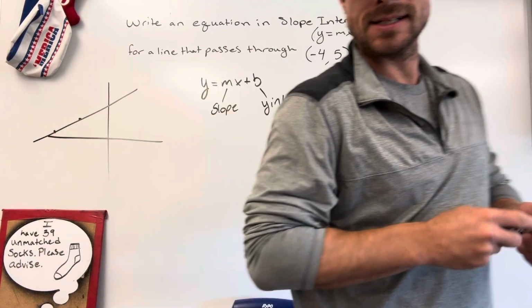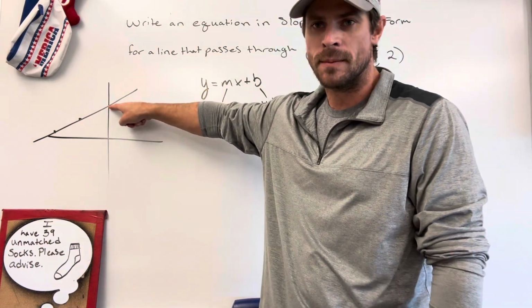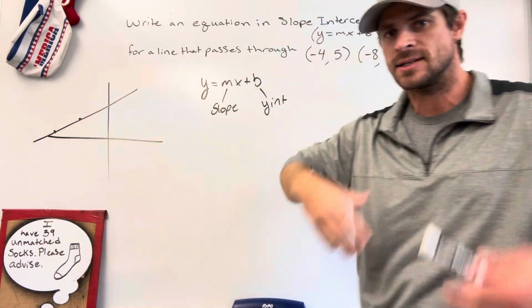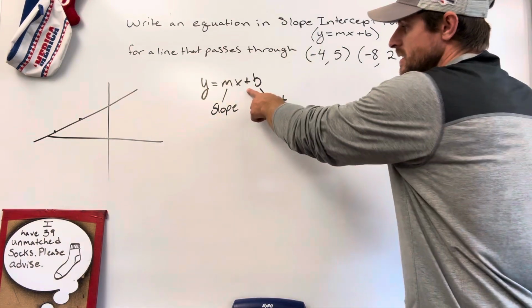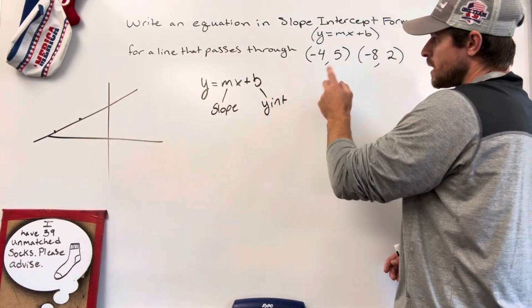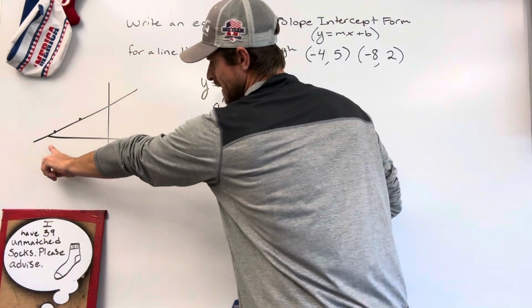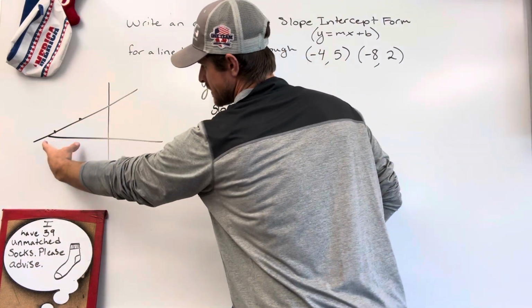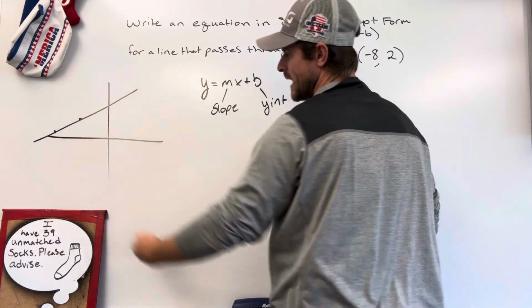Now the problem is if I just sketch a graph, I can't determine what my y-intercept is unless I do some thinking. There's a couple of different ways you can go about creating this equation. You could sketch this. Fortunately on this problem, going from -8 to -4 is a distance of 4, and then another distance of 4 would land us right on the y-axis.